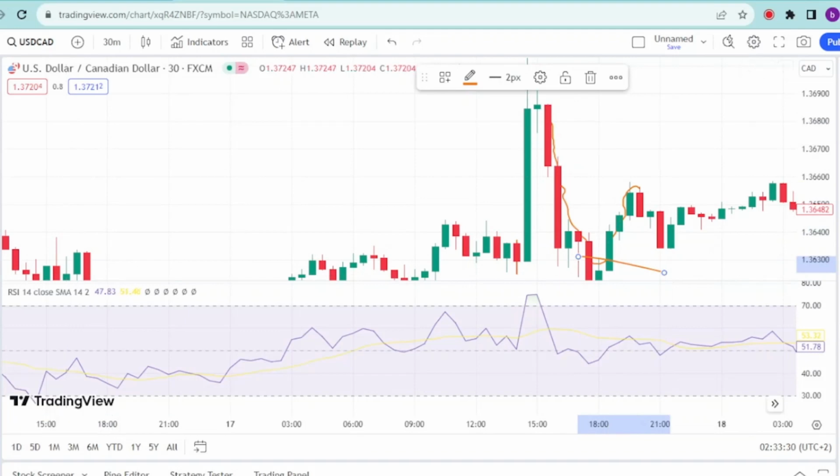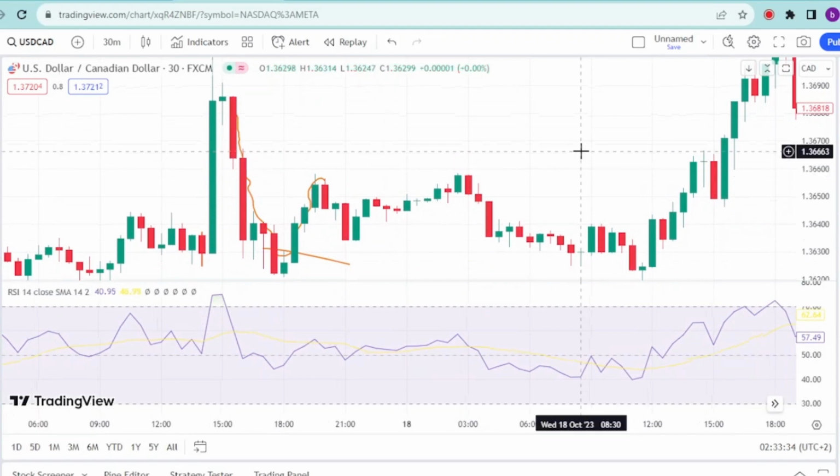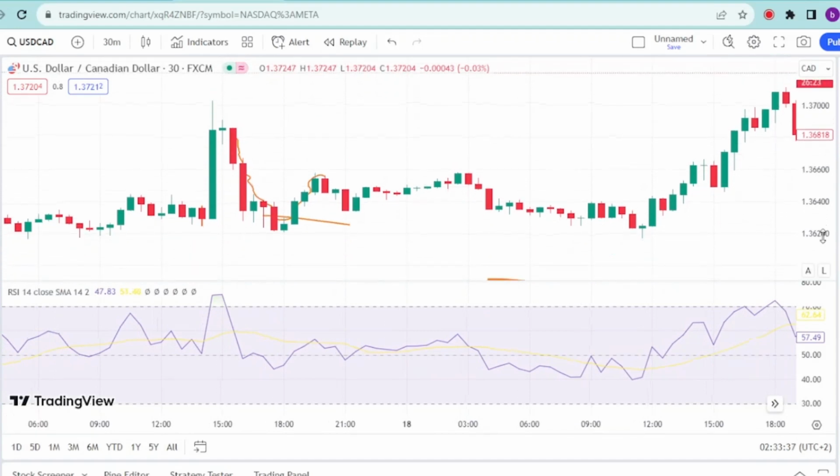As you can see here, the US dollar CAD dollar continued to increase its strength to the upside.